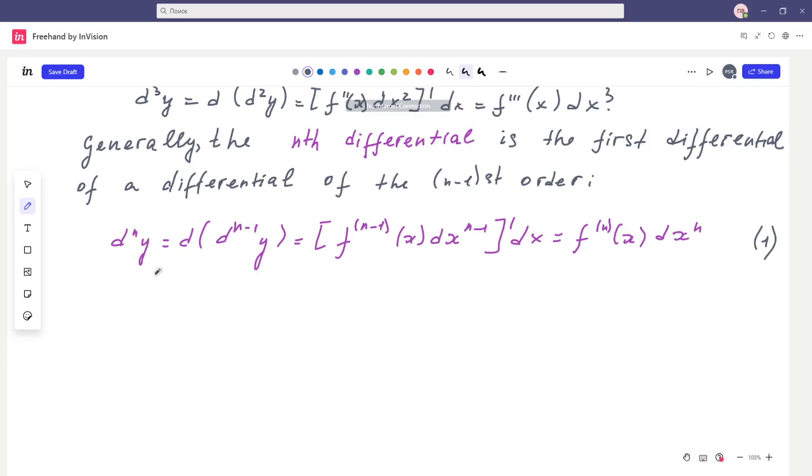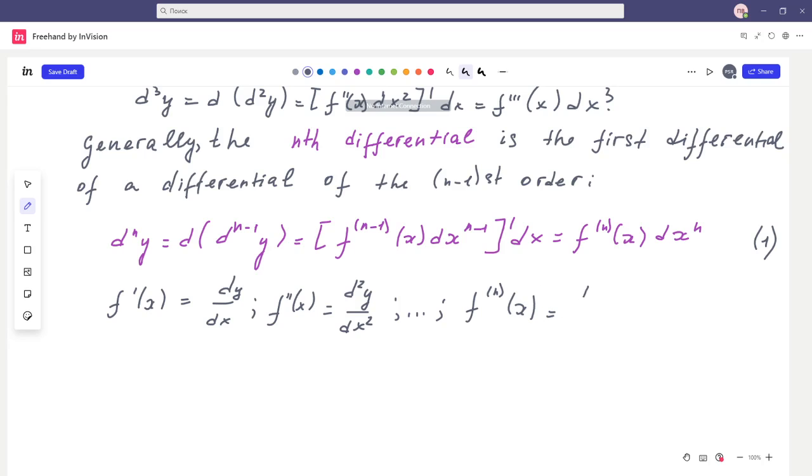For example, f prime of x is dy over dx, f second prime of x is d second y over dx double, etc. The nth derivative of f of x is the nth differential of the function y over dx to the power of n.